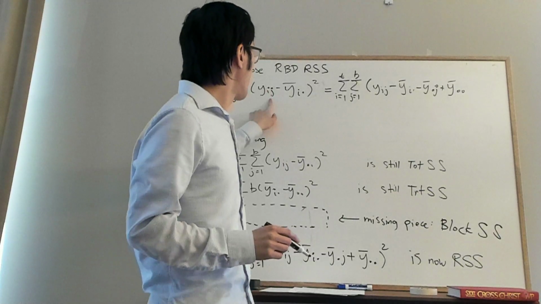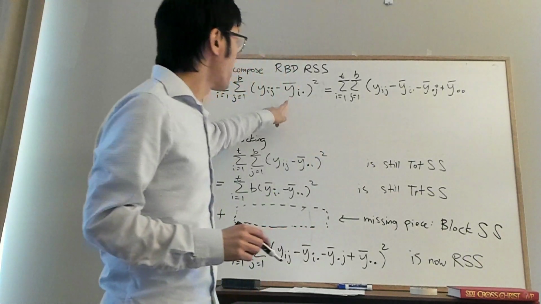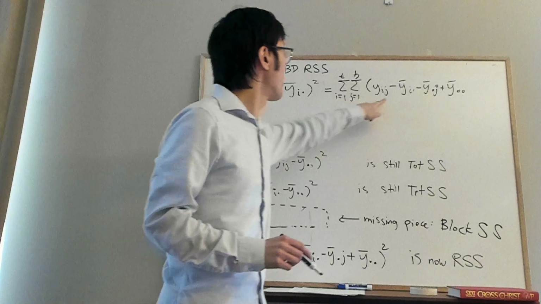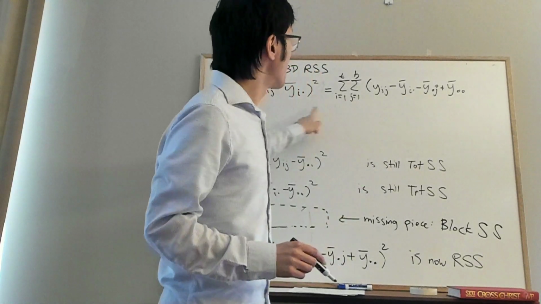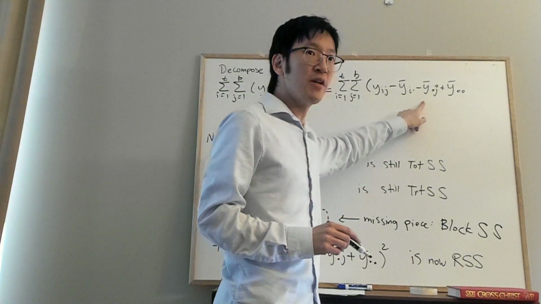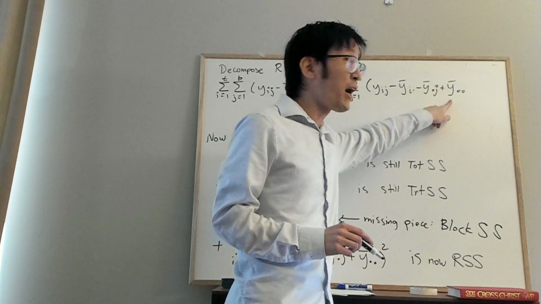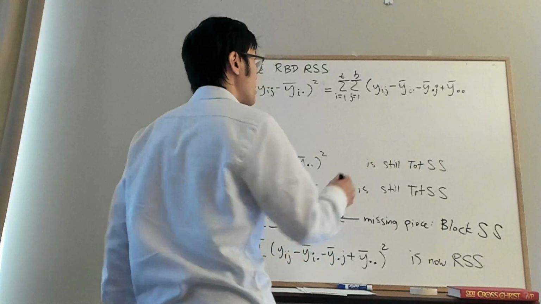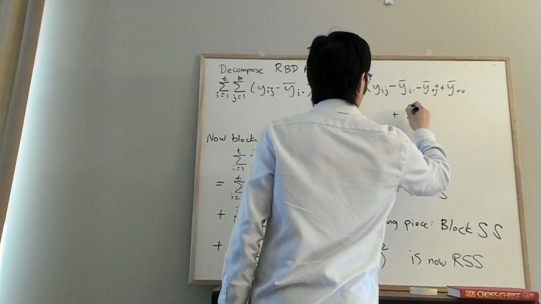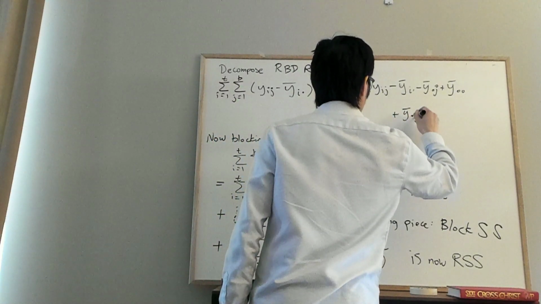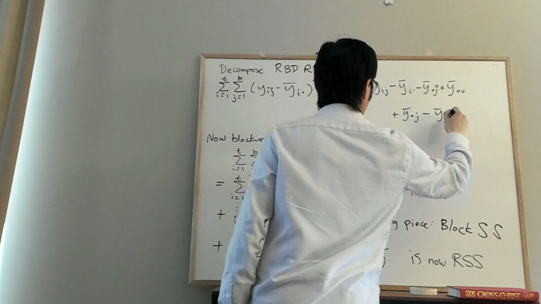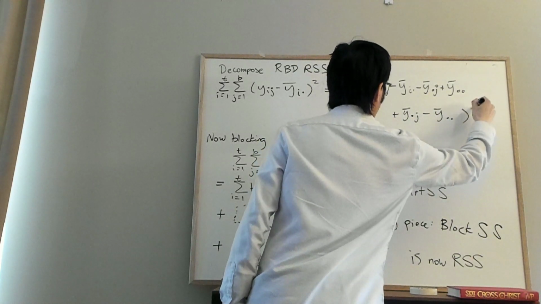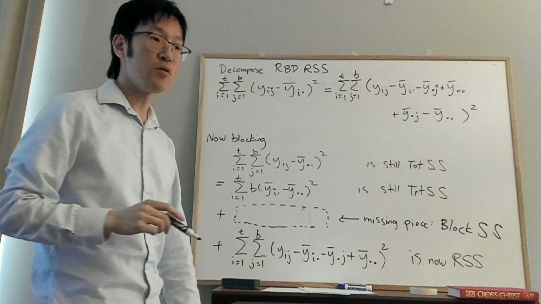Well, okay, so I have a y_ij, that's good, that's over here as well. I have a minus treatment mean, I have that over here as well. But what I have done here is I've subtracted an extra block mean, and then I've added a y bar dot dot. Okay, so to balance the two sides, I need to do plus y block mean, and then minus the overall mean. Okay, so now I've balanced out the two parts.